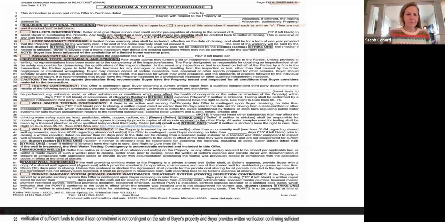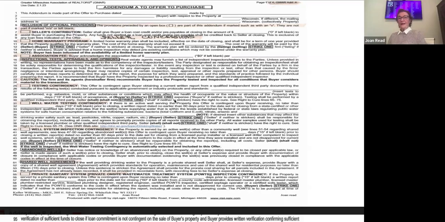Yeah. Okay. If the seller is offering a home warranty, it should be somewhere in the MLS that the home warranty is included. You can put it in your offer, or you can put it in addendum A, under this next box, line 10.